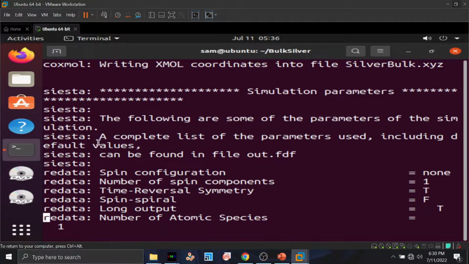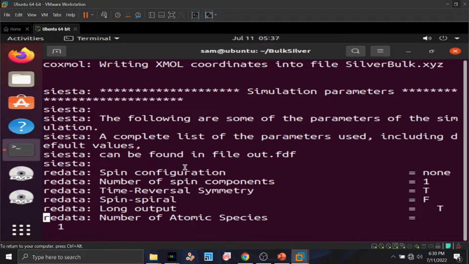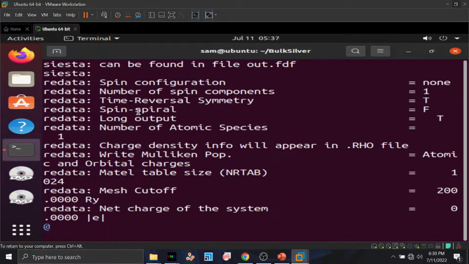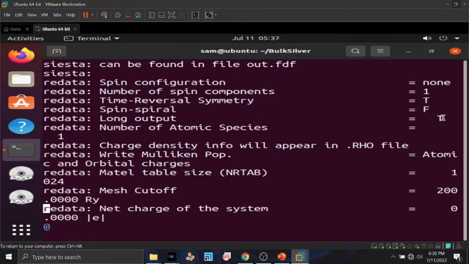A complete list of parameters used, including default values, can be found in the file out.fdf. And here you can see the spin configuration is none, because in this calculation we do not use spin polarization, and the number of spin components is 1. Okay, and spin spiral long output is true.